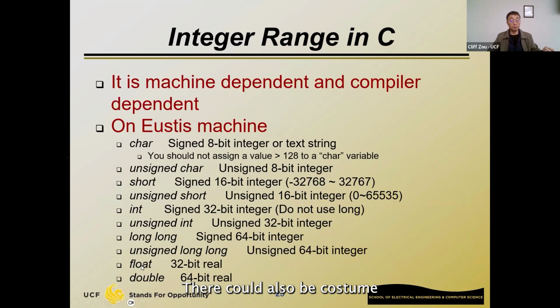There could also be a casting if you define a real number, like a float. Even for a float there is a limit, even though it's not an integer. If you implicitly cast, then it will have its own problem.